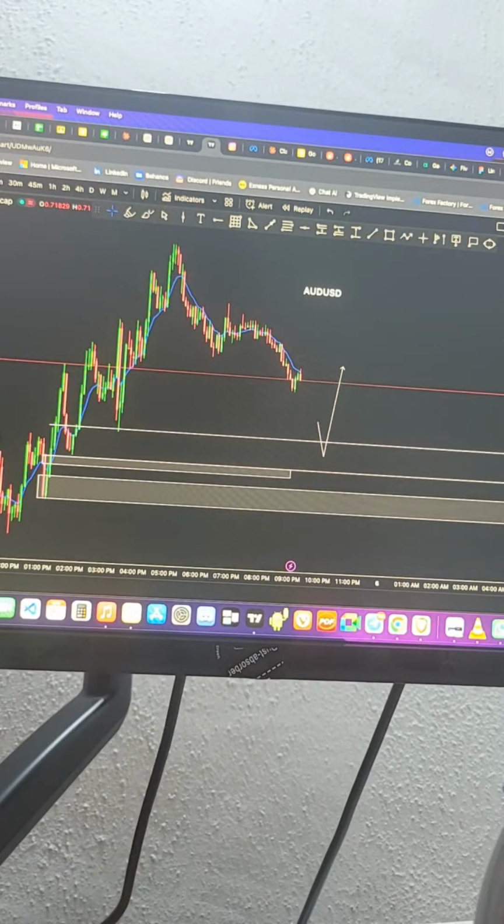You don't need to complicate trading. You just need to simplify everything. Just learn market structure, learn liquidity, and you are good to go. Price action is all you need to know.